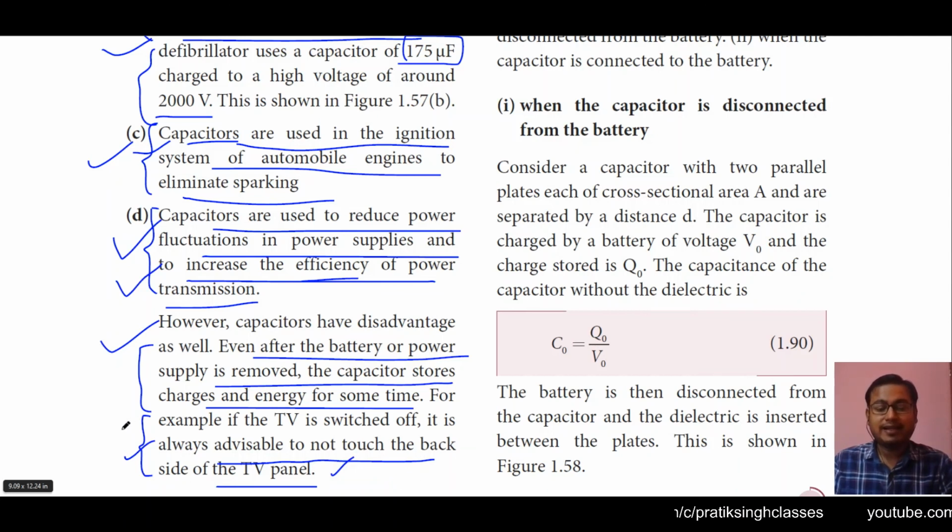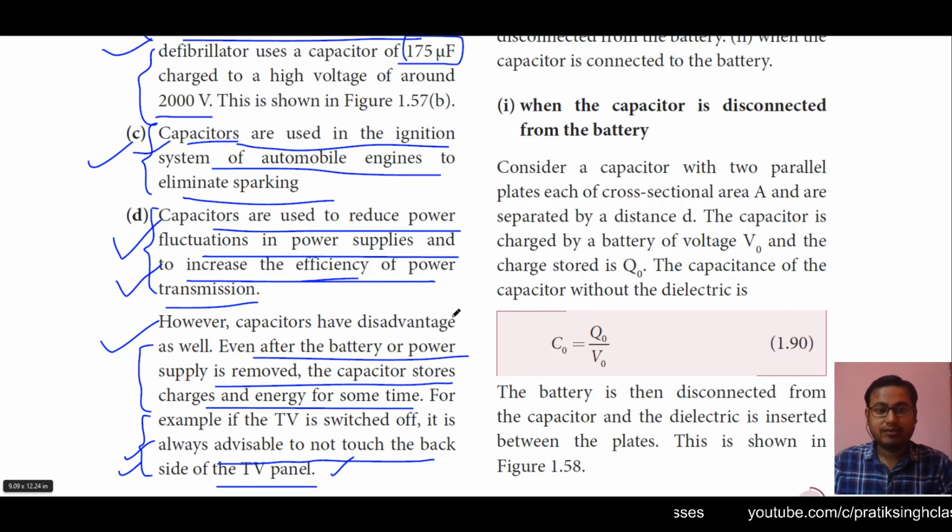Or you might have seen LED bulbs which contain capacitors: when you switch them off, for some short time the bulb still glows, and it takes time to go from its luminous intensity down to 0.